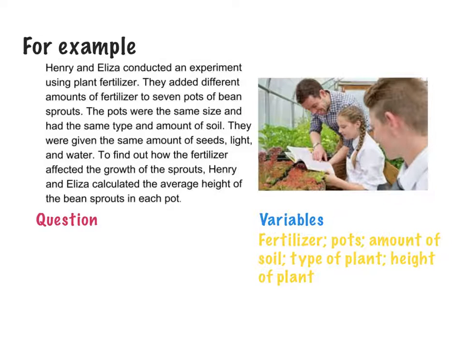Please don't use amount if we're talking about a solid fertiliser. Right, the pots. We could talk about the size of the pots also, or what the pots are made of. Are they plastic? Are they ceramic? We could then talk about the amount of soil we used, the type of plant we used, and the height of the plant. All of those would be suitable for variables.